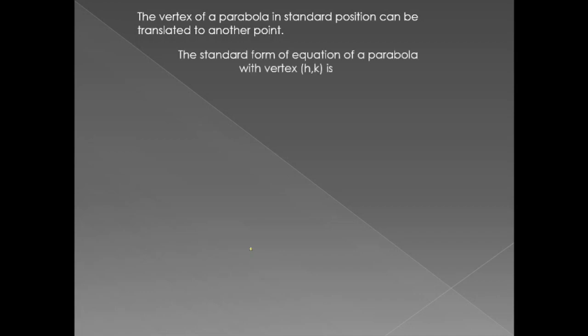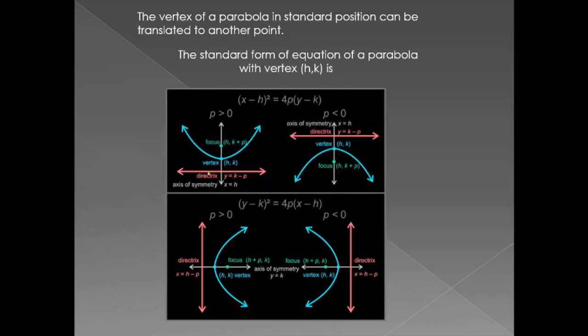So the standard form of equation of a parabola with vertex (h, k) is (x minus h) squared is equal to 4p times (y minus k). Makikita nyo, hindi lang siya x squared or y squared dahil hindi na po sa origin yung ating vertex. If yung ating equation is naka-square ang x, ang opening ng ating parabola ulit ay upward or downward.